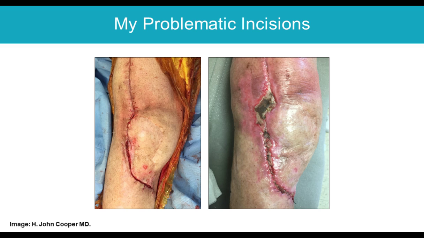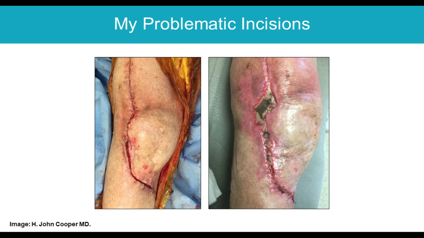We put a static spacer in, and I worked with a plastic surgeon colleague of mine to raise a medial gastrocnemius flap to cover the area where he had a soft tissue defect in the front of his knee. We used a skin graft over the top of that, and we covered this and let it heal.